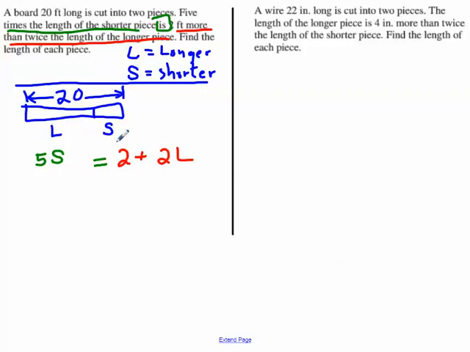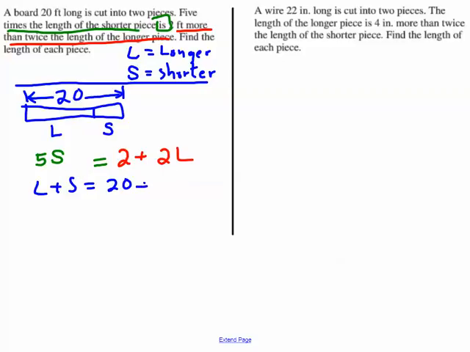The only problem is if I've got an S and an L, I have to go back and take a look at my drawing here in blue and say that L plus S equals 20, because we know that the length of the longer piece plus the shorter piece is 20. Now we've got a system of equations.